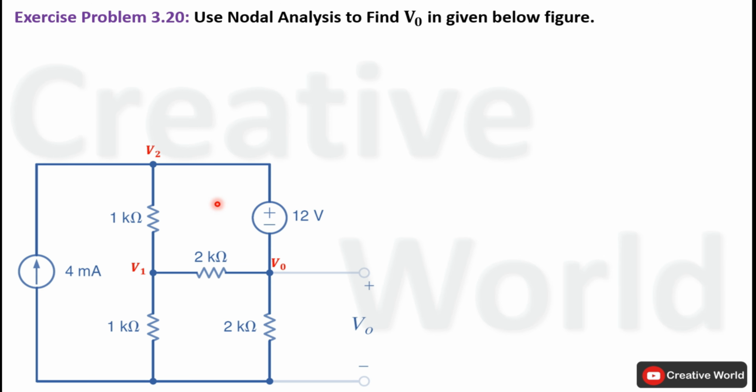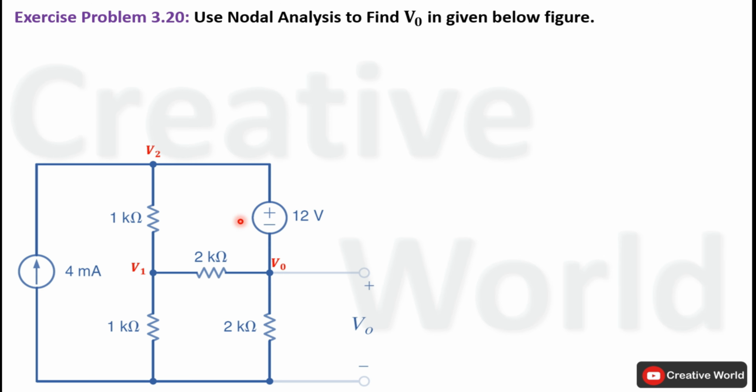In this technique, we merge the voltage source to its adjacent nodes. I have made a separate video in which I have explained how to form a supernode in the network. Before solving this problem, I strongly recommend you see that video. The link of that video is given in the description below.